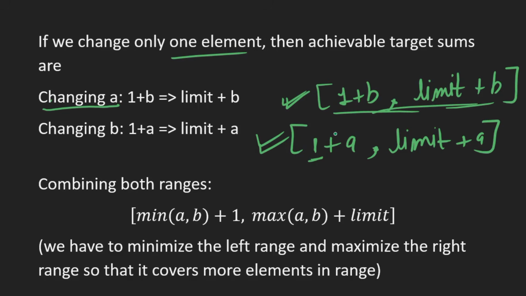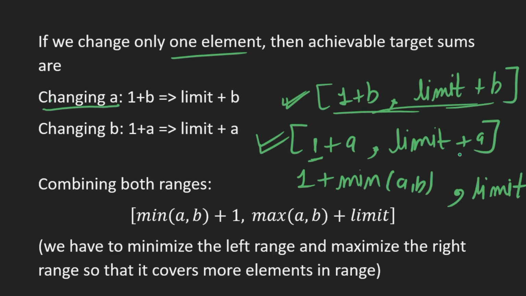Now if we combine both the ranges, then see 1 and 1 is common. Now we have to minimize the left part. So we have to take the minimum of a and b. So we take minimum of a comma b for the left range. In the right range we have limit as common, and now for the right range we have to maximize this range.